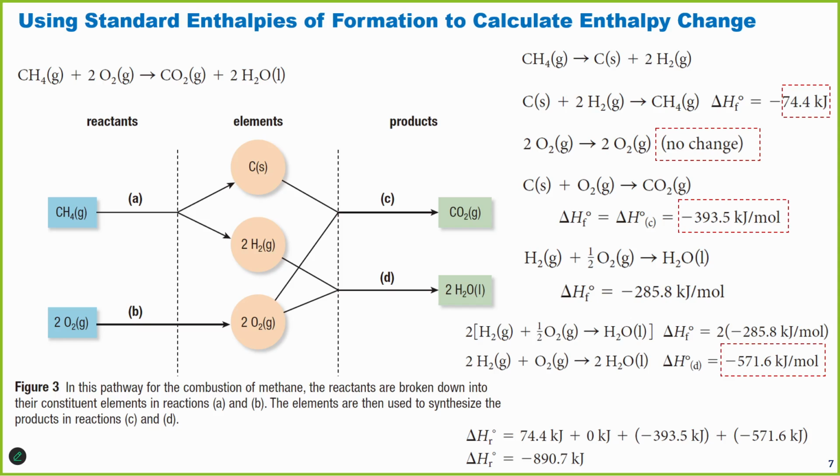In reaction A, methane is broken down into elemental carbon and hydrogen gas. The balanced chemical equation for this reaction is shown here on top right. And the equation above is the reverse of the formation equation of methane, which is shown here in the second equation after that.